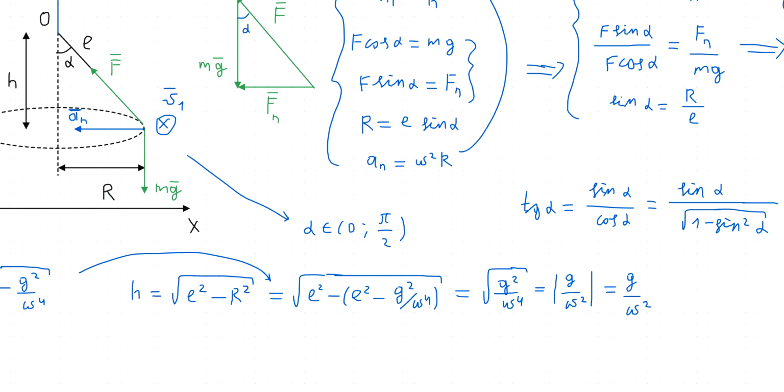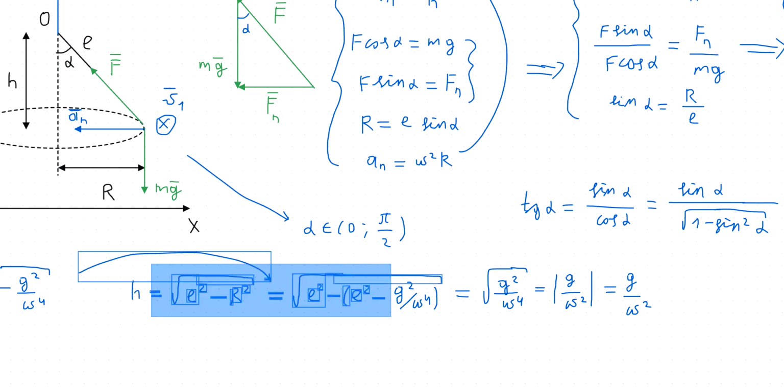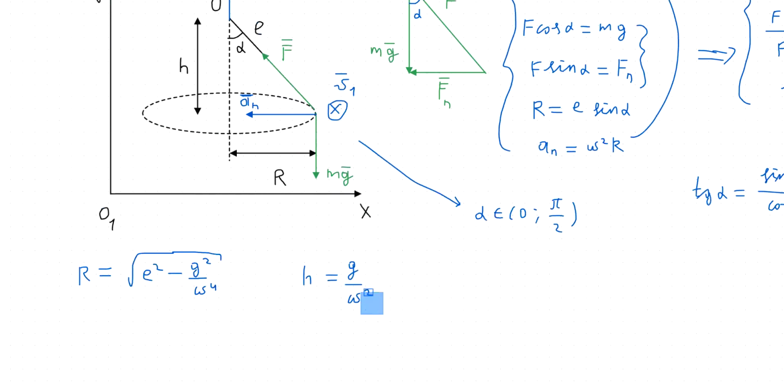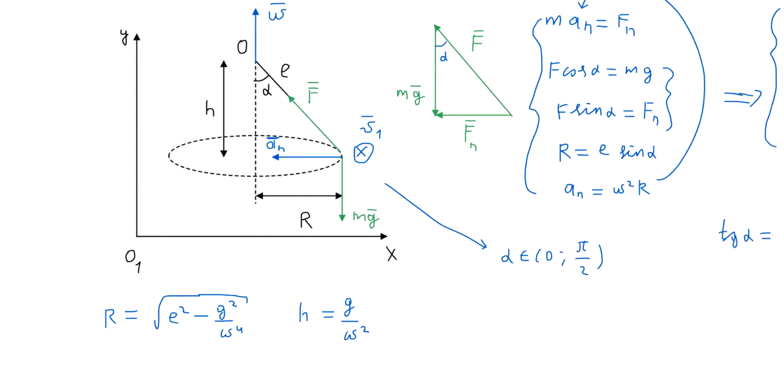Okay, do you have any more questions? Nope. Okay, so we have found this height h, and how do we define the absolute value of linear velocity?